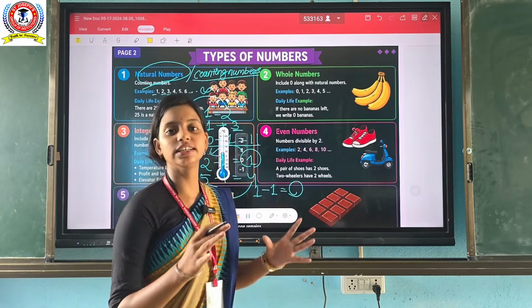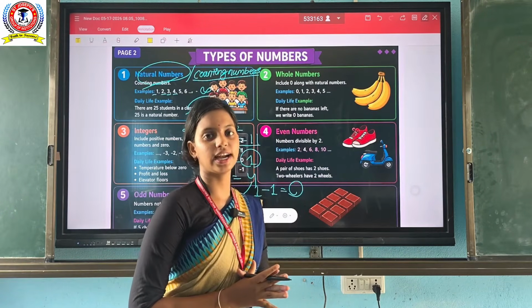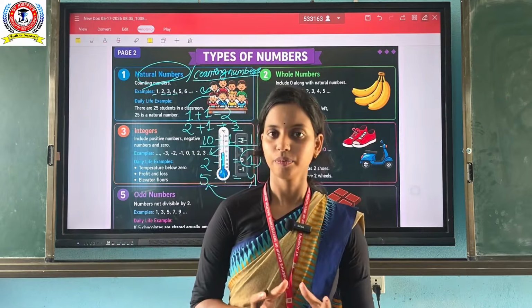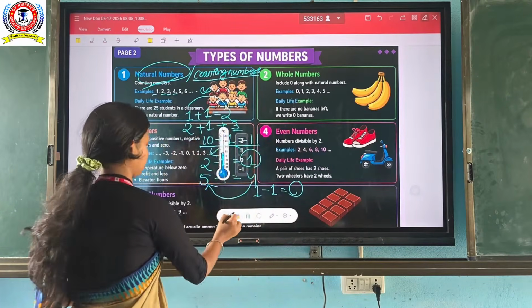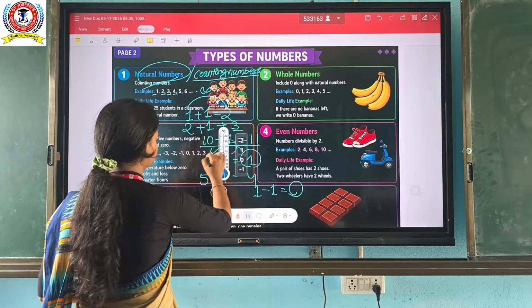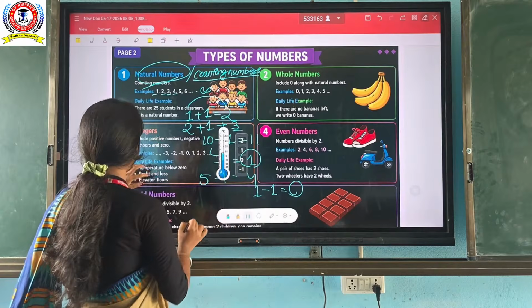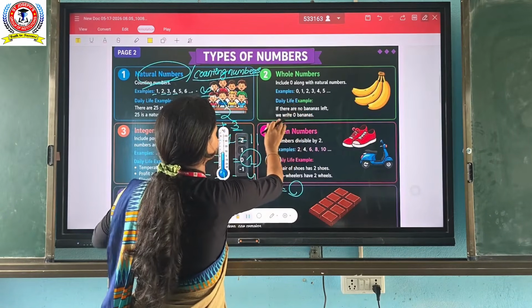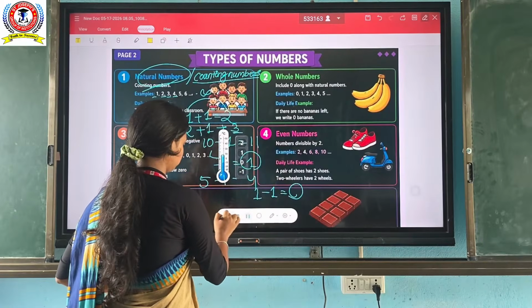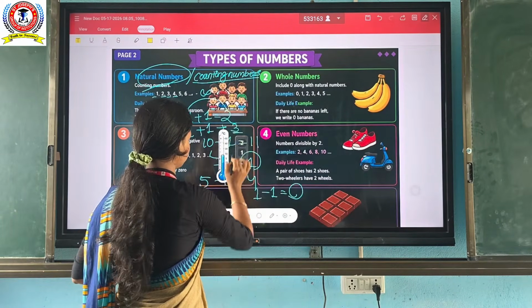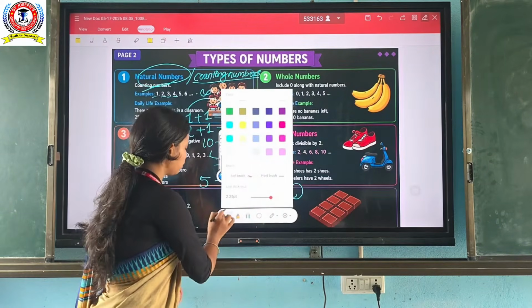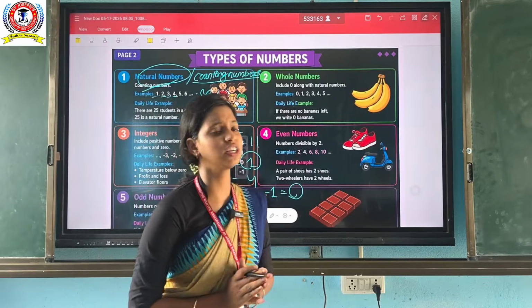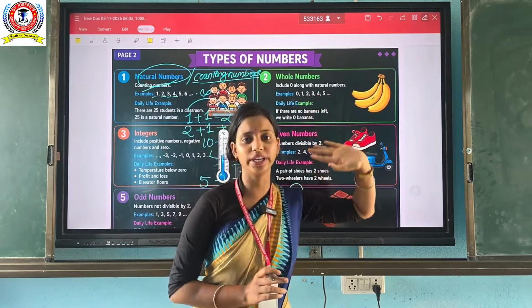So this introduces a new number type, that is whole numbers. Whole numbers include 0 along with the natural numbers.